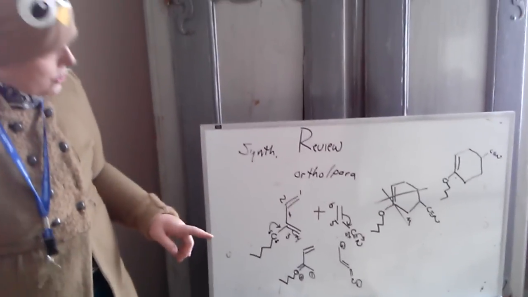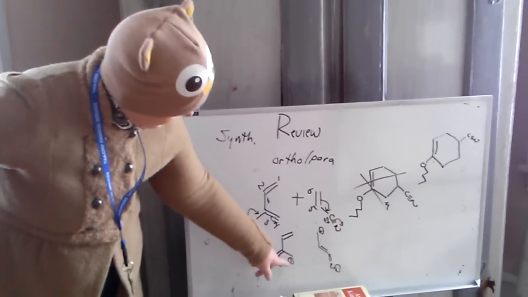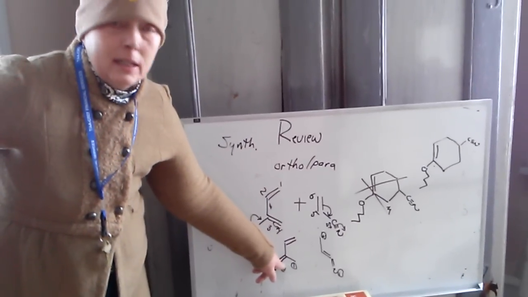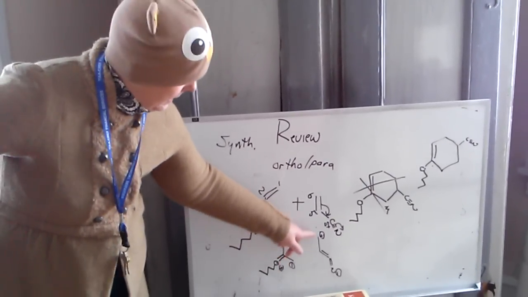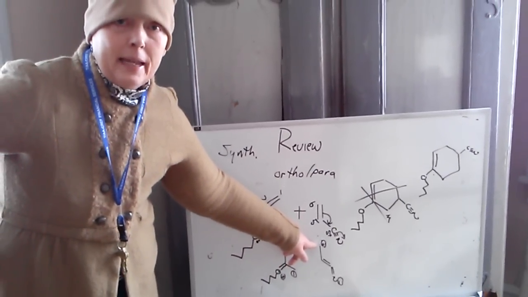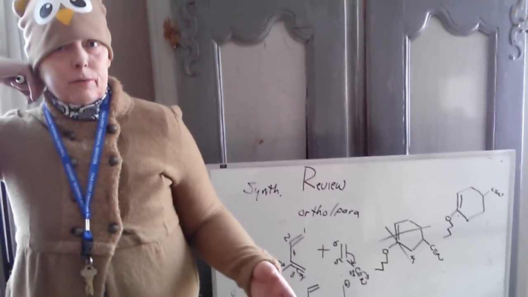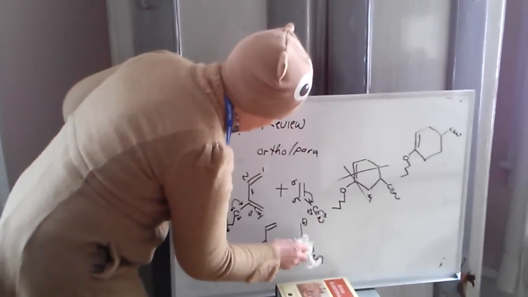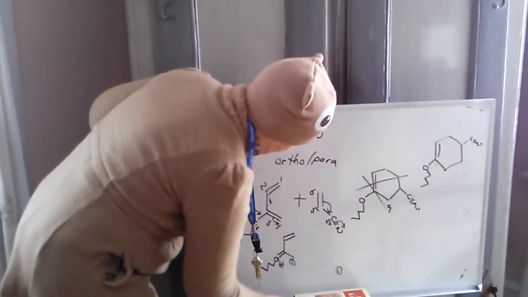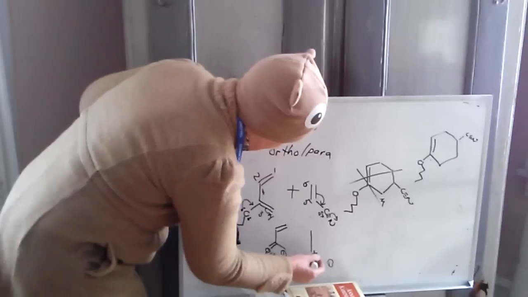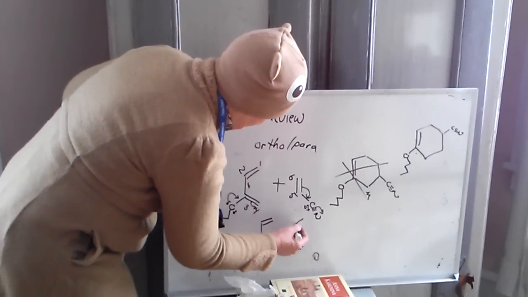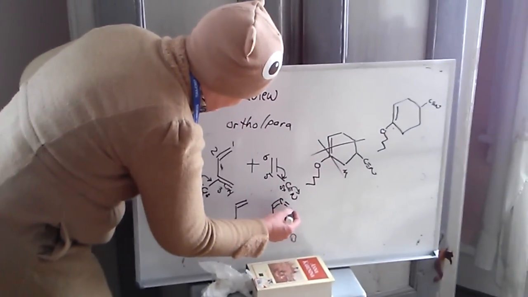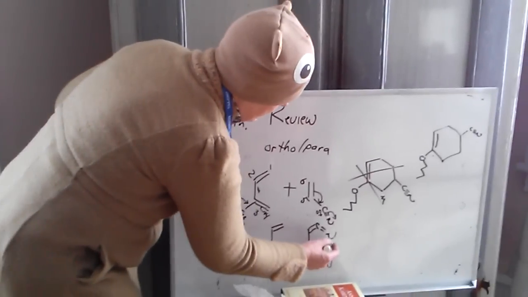But what this shows when I do this is that this negative end is down here on the bottom, and this positive end is up on that end. And this is one of the reasons electron withdrawing groups are kind of useful, okay? So this would prefer to line up in such a way, and you know, we know a lot of chemistry is positive, or at least we can rationalize a lot of chemistry as positive and negative.